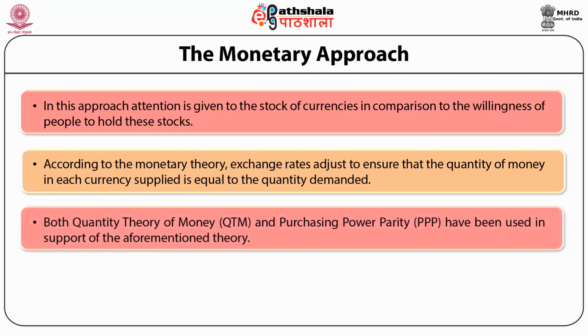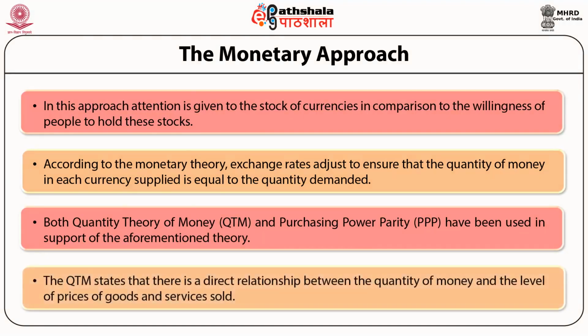Both the quantity theory of money and purchasing power parity have been used in support of the aforementioned theory. The QTM states that there is a direct relationship between the quantity of money and the level of prices of goods and services sold. In other words, more money equals more inflation.